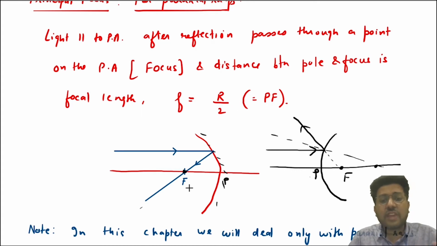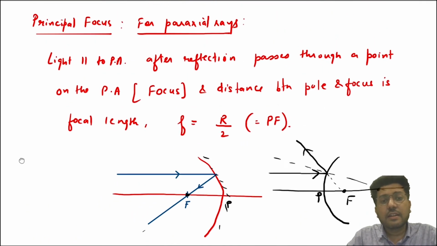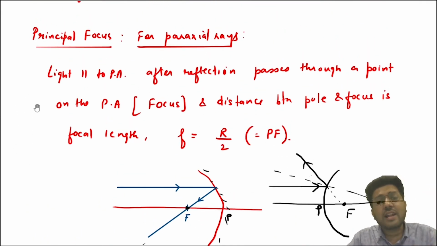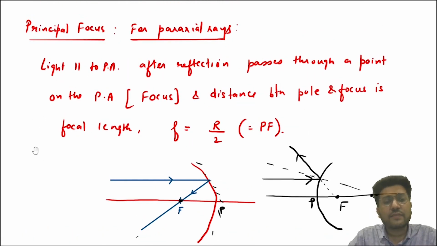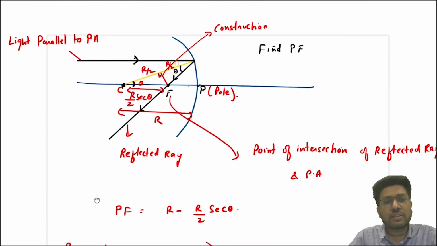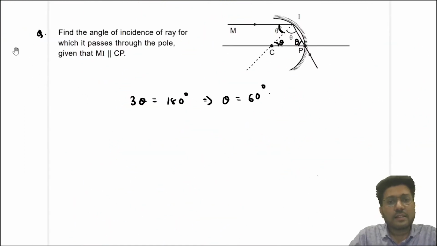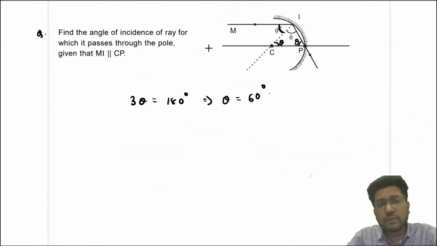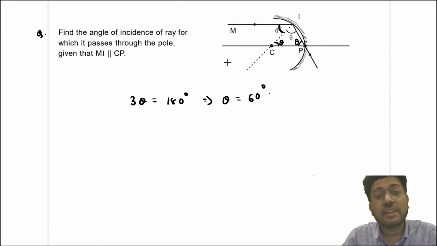So in this chapter we will deal only with paraxial rays, because only for paraxial rays you can say that the value of focus is constant, otherwise focus will keep on changing. In fact, in the last question, this was a ray which was parallel to the principal axis, but after reflection it passed through the pole because it was not a paraxial ray.